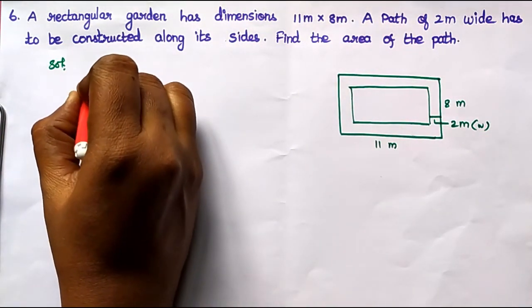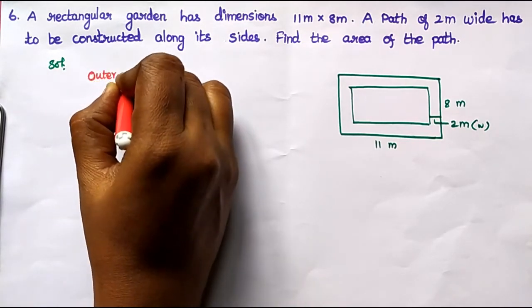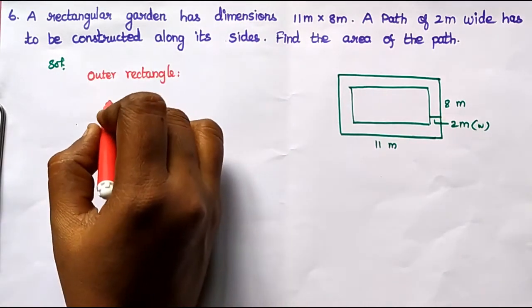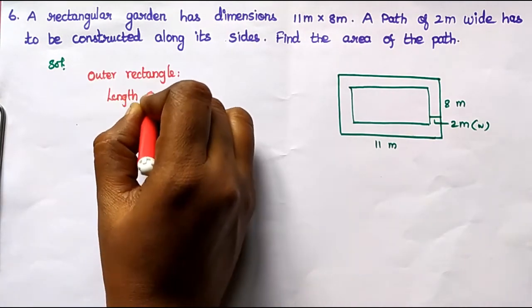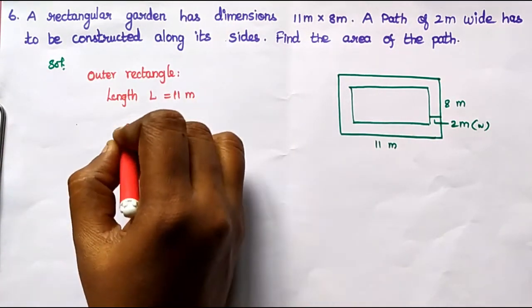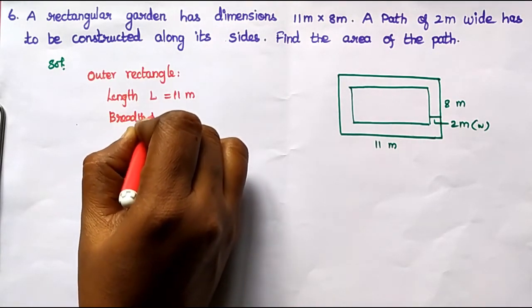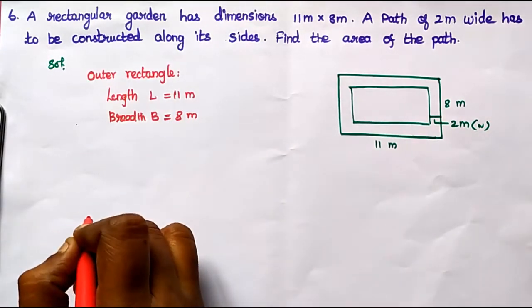Listen. Outer rectangle. Its length is L equal to 11 meter and breadth B equal to 8 meter.